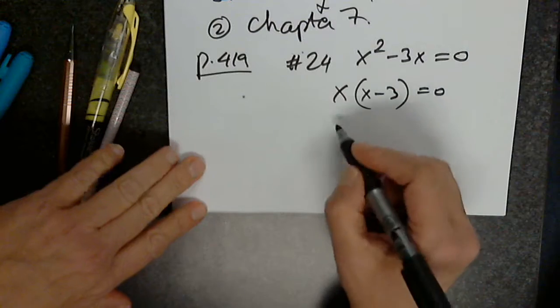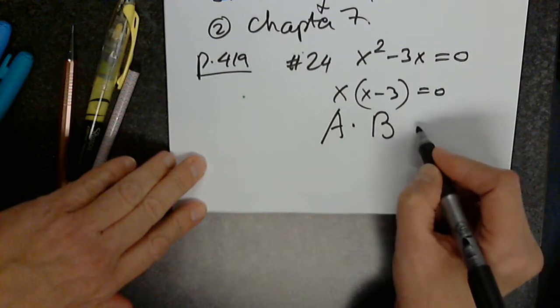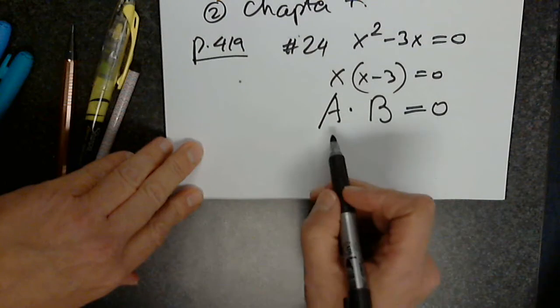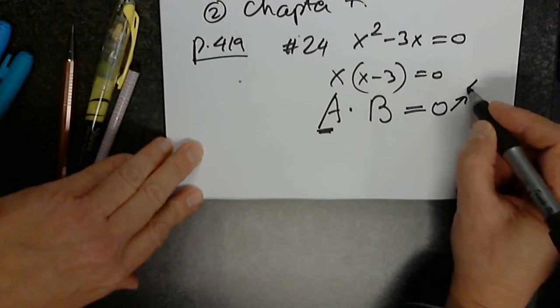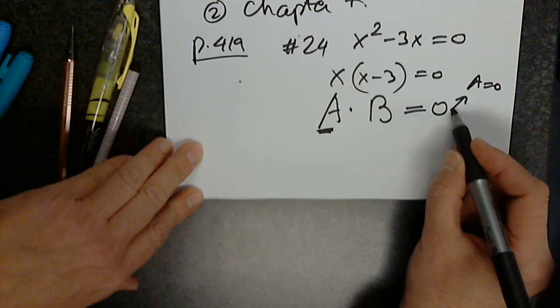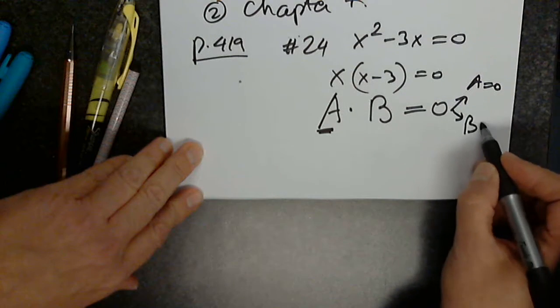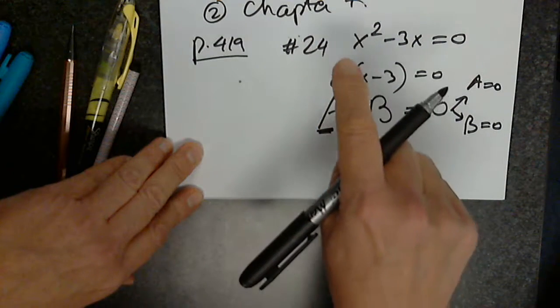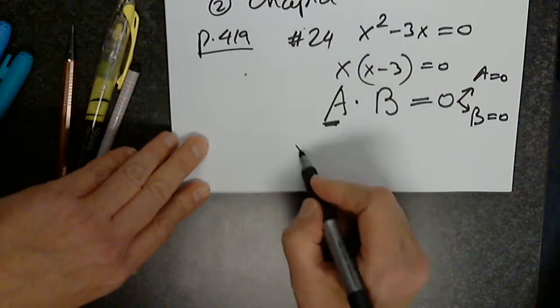So you remember when we have a product that is set equal to 0, two things can happen. Either A can be 0, or the second option is B can be 0. If A is 0, then how much is X?